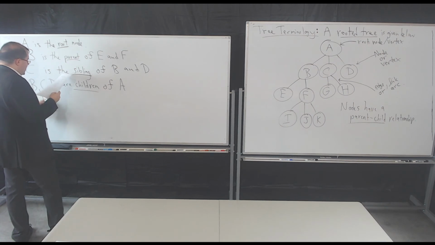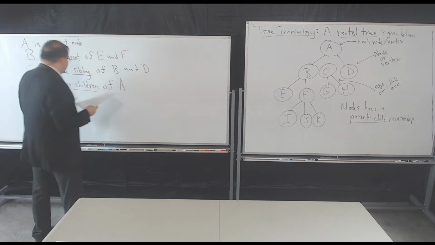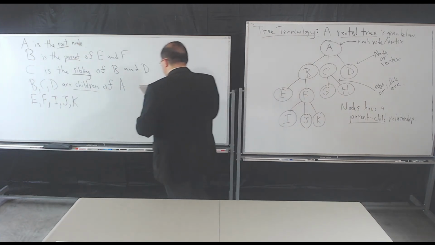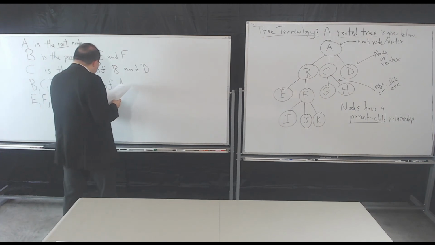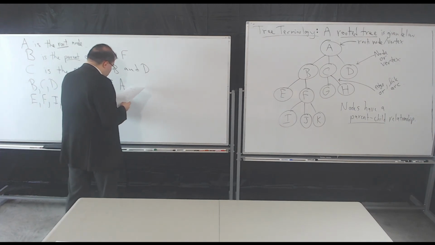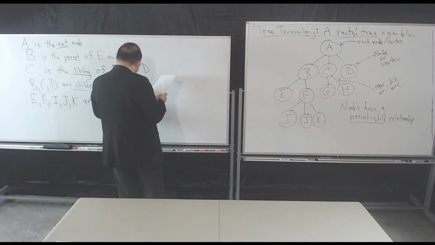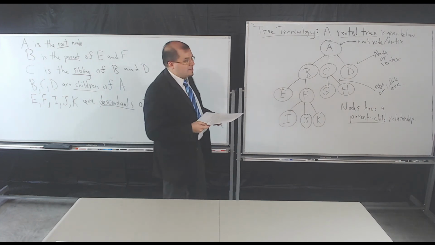So E, F, I, J, K. If I look at E, F, I, J, and K, these are all descendants of B. So this is the distinction.